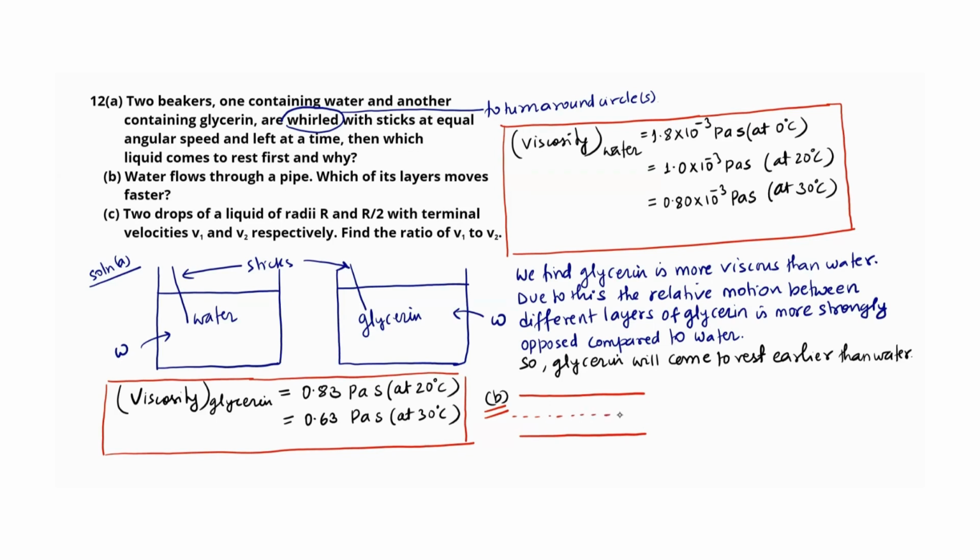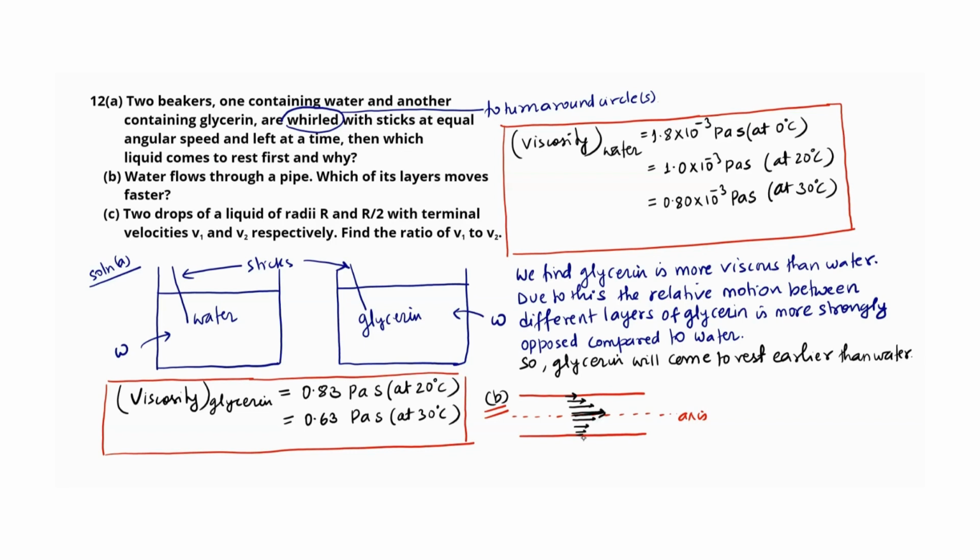Which of the layers moves faster? We find different layers of liquid moving with different velocities.